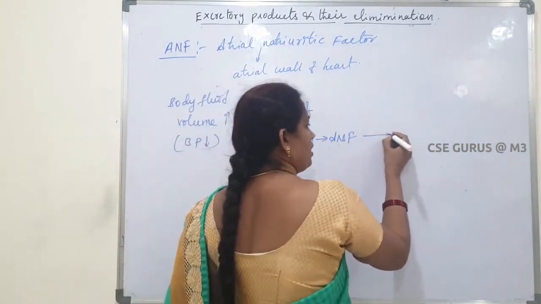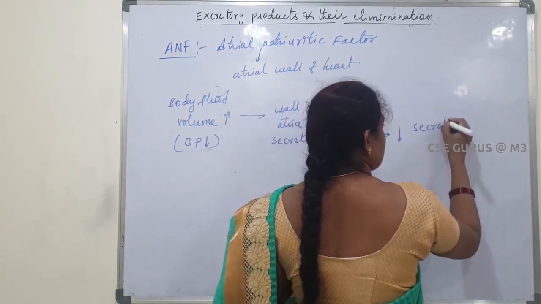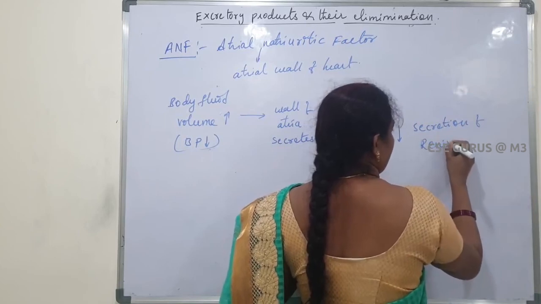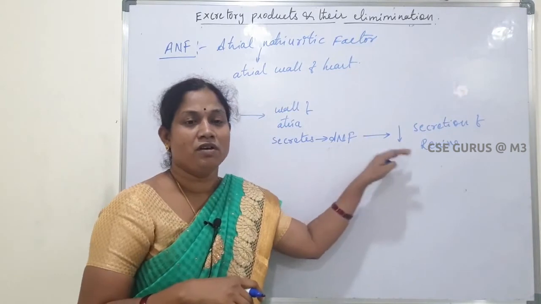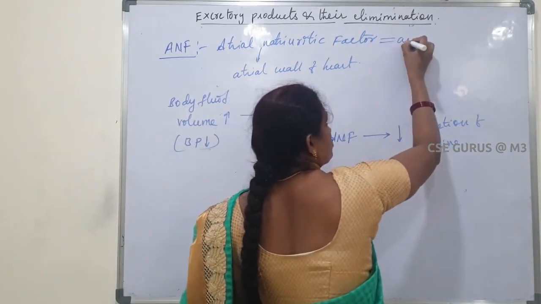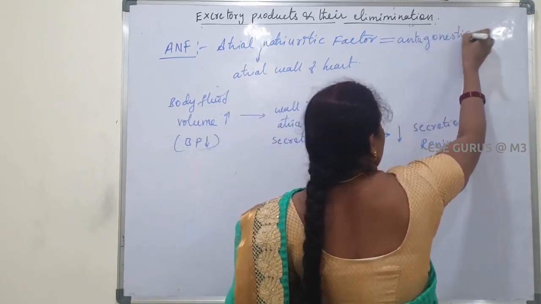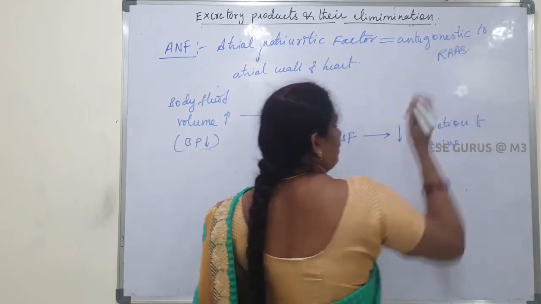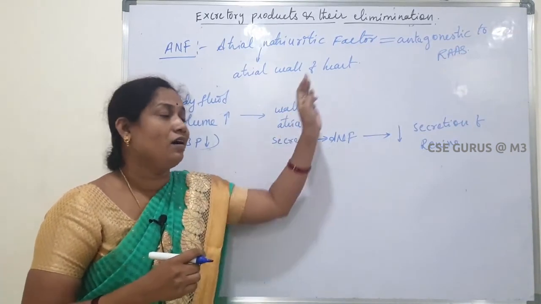This ANF decreases the secretion of renin enzyme, which means this factor works antagonistic to RAS, against the RAS.